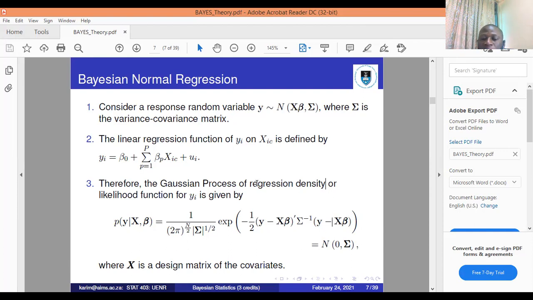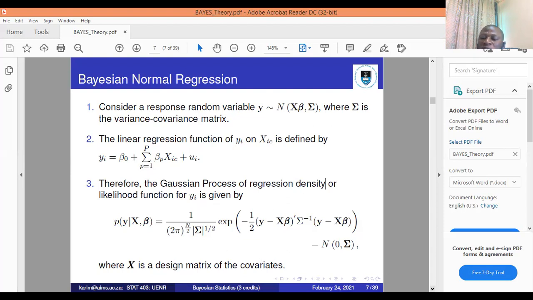So that is our normal regression model. This is the likelihood function for the normal data y. X is the design matrix, or you can say the covariate, because we are dealing with multiple linear regression here.